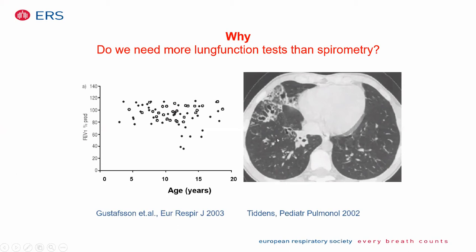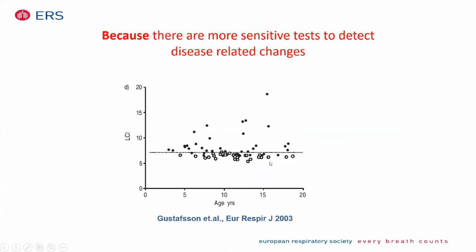And at the same time, we know that unfortunately, quite a few of these patients have already marked structural abnormalities, like this child here with obvious bronchiectasis and pulmonary changes, and still has normal spirometry. Now, Per Gustafsson was the one who started using multiple breath washout again. I will tell you more about the history later.